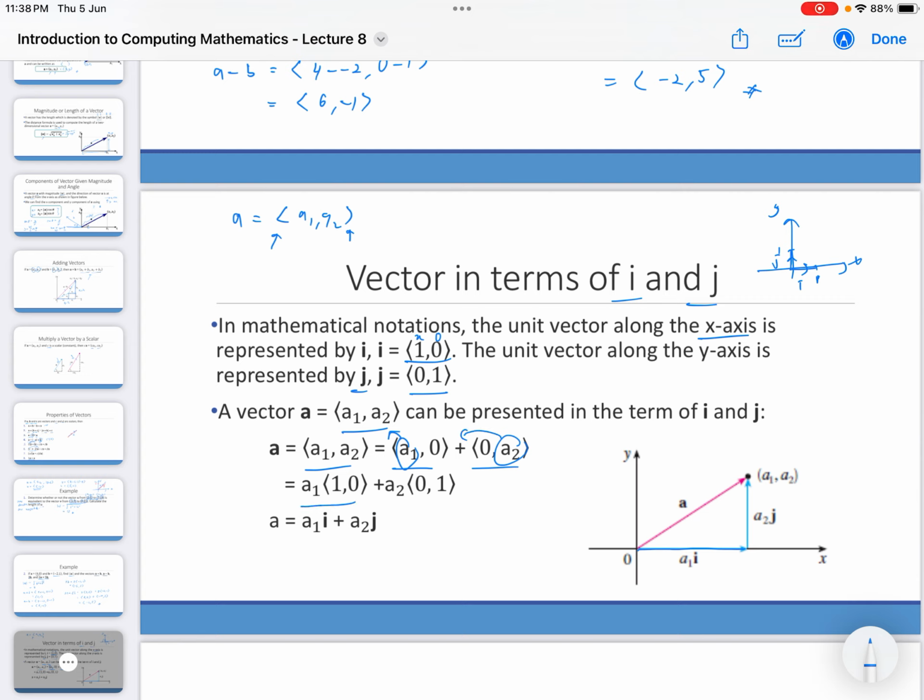So that's why we have A1 times vector (1, 0) plus A2 times vector (0, 1). And then we know vector (1, 0) is i and vector (0, 1) is j. So we can write this as A1 i plus A2 j. So basically the first component goes together with i and the second component goes together with j. Whenever we have this component, we can write it like this.